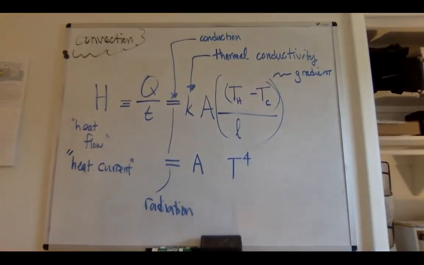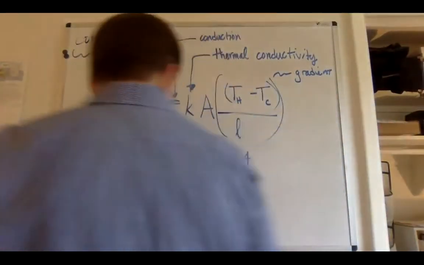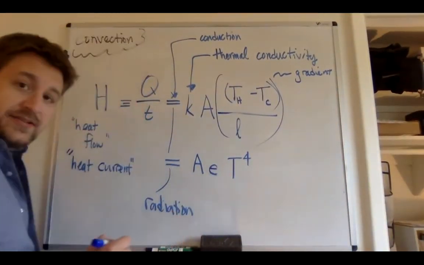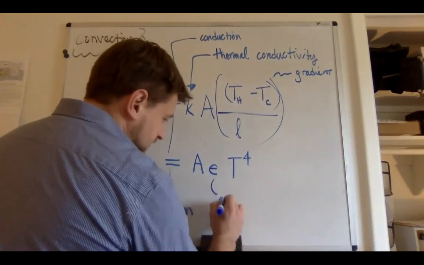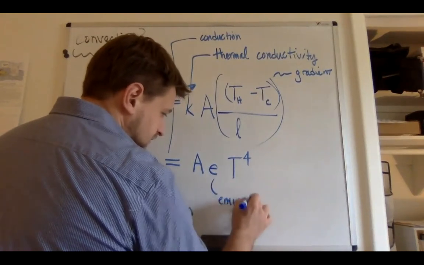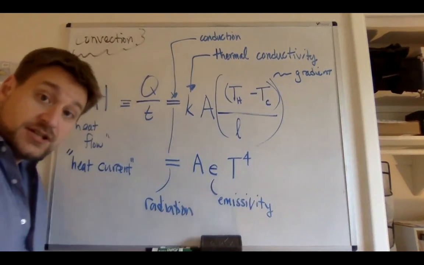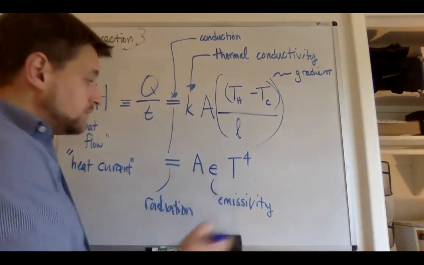I want to get the formula right, so let me just look it up really quick. Yeah, I see. I thought there were two. Lowercase e for emissivity. How good a job at emitting radiation.